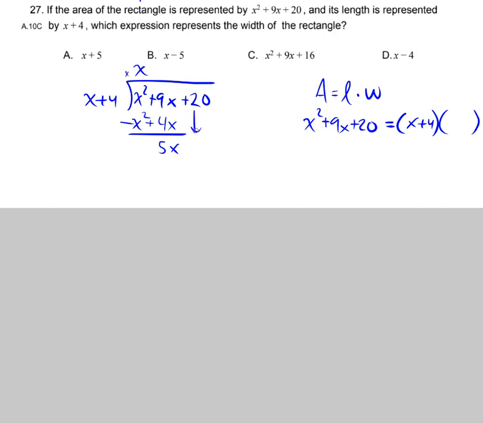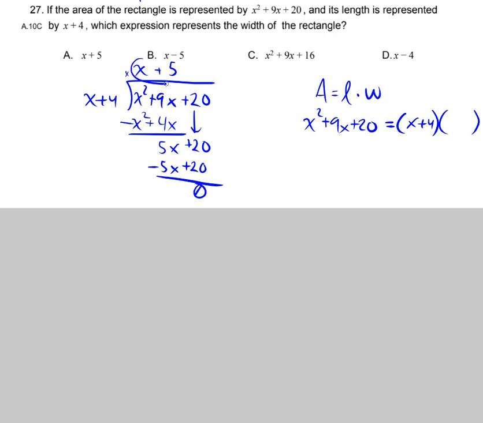And then I bring down the plus 20. And I ask, how many times does x go into 5x? And the answer is x goes into 5x 5 times. 5 times x is 5x. 5 times 4 is 20. So when I subtract those two, I get 0.